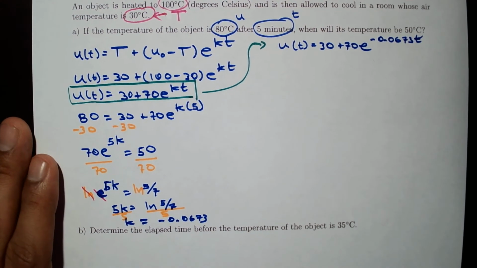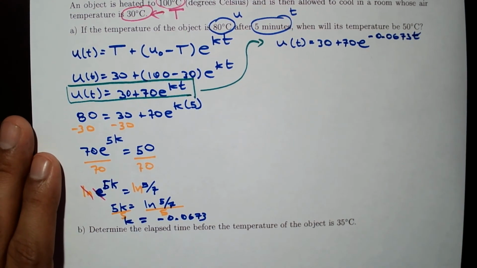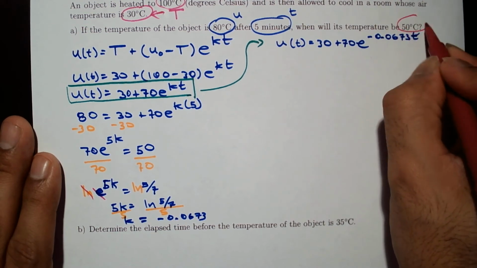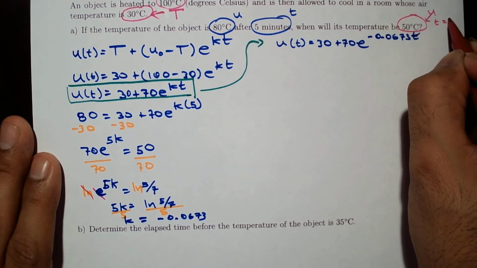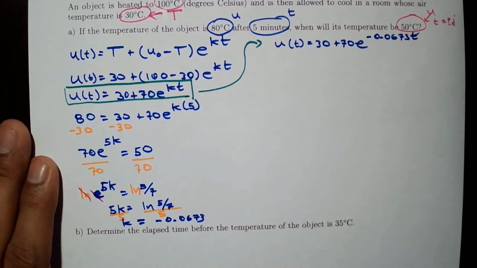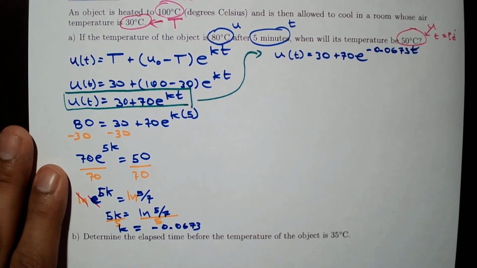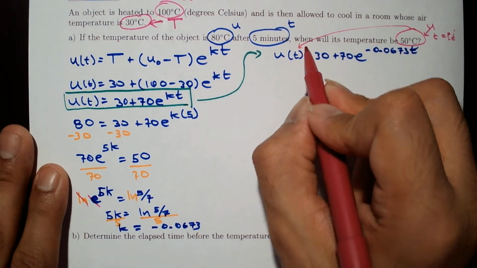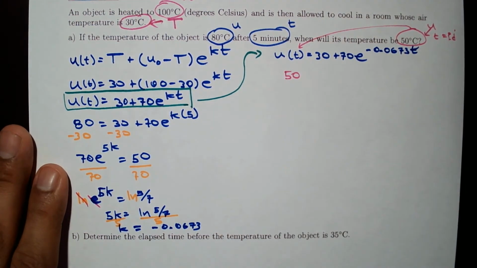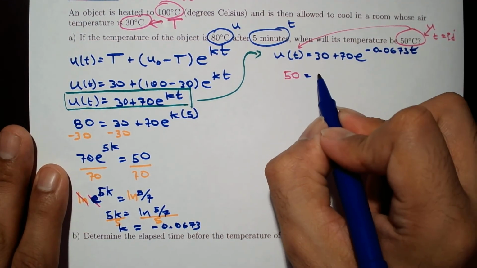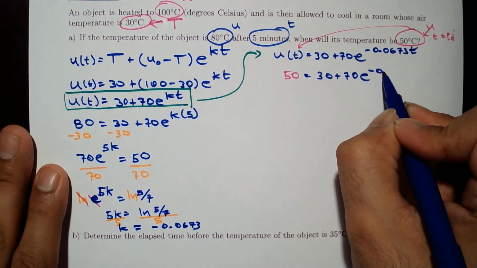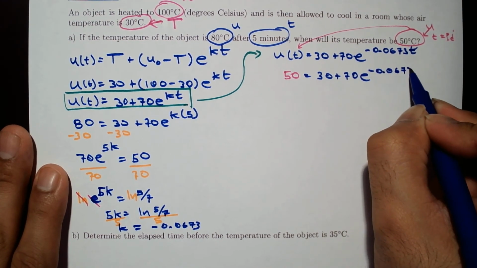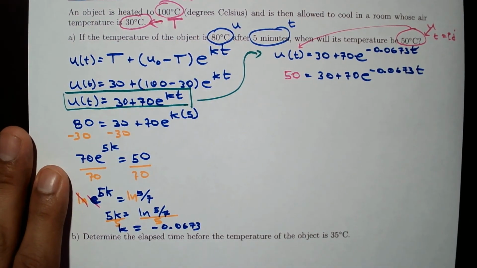Okay, so that means this is another U whose t is unknown. We are going to find out. So this will be 50 equals 30 plus 70 e to the negative 0.0673 t.